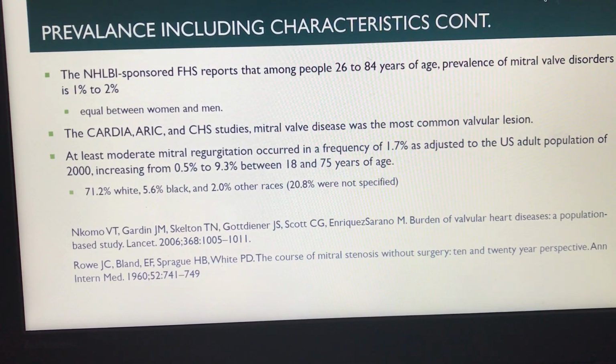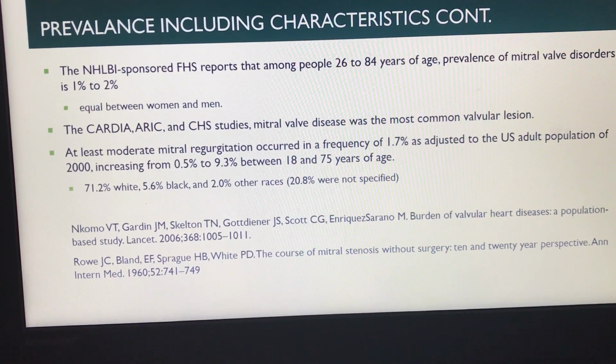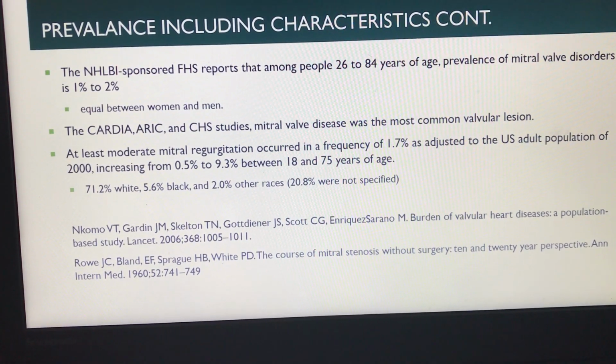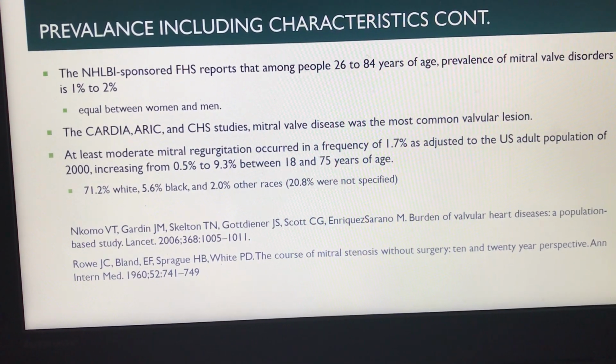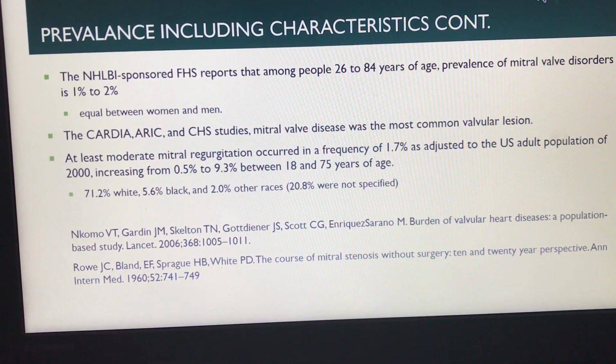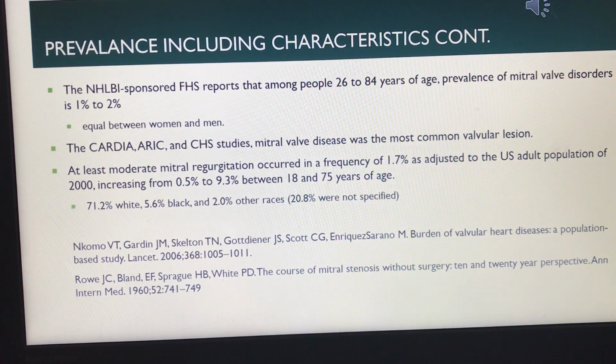I compared many different charts for the prevalence because neither one said the exact same thing, so it's hard to get a specific answer. In this study, between the ages of 26 and 84, the prevalence of mitral valve disorder was 1 to 2%, and that was equal between men and women.